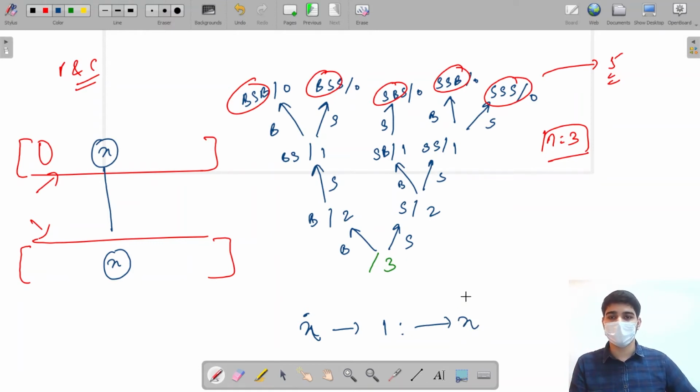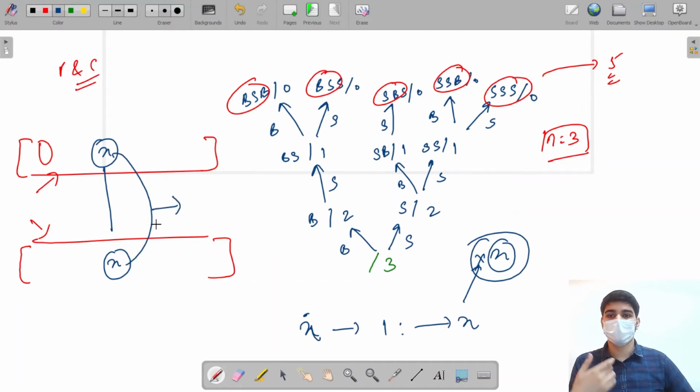This means that the total number of arrangements is x into x, which is x square, right?